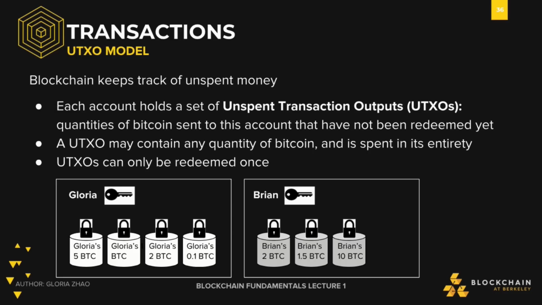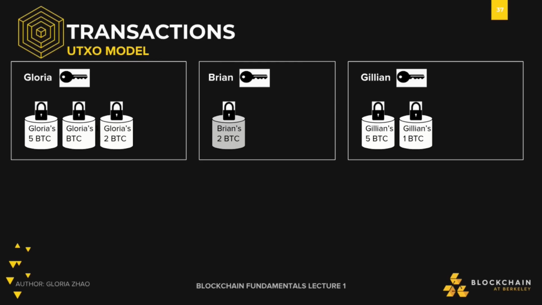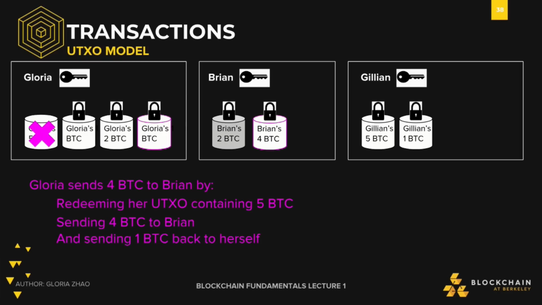So let's walk through a transaction or a few transactions. So there's me and there's Brian. I have a couple UTXOs. I have one with 5, I have one with 1, just pretend that says 1, and I have one with 2 Bitcoins. And then Brian has some and Jillian has some. So I want to send 4 Bitcoin to Brian. So I take this piggy bank with 5 Bitcoins in it and I smash it.